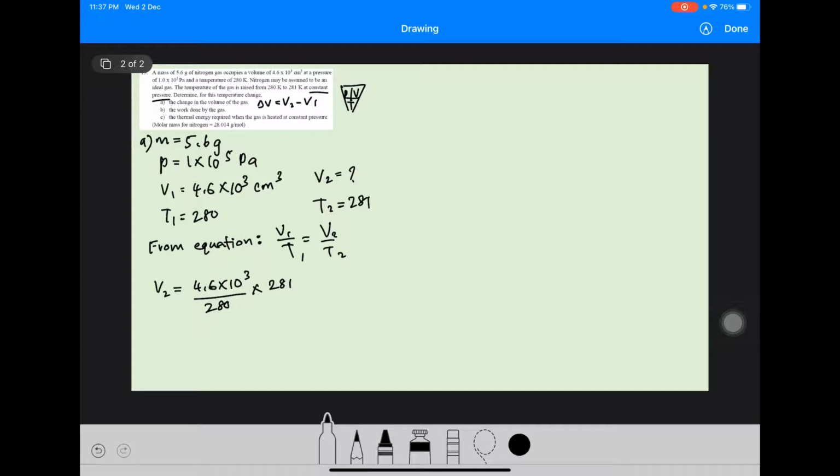You should get V2 equals 4616.43. Okay, make sure you use the same unit as your V1, which is in centimeter cube. Now your delta V becomes V2 minus V1, which is 4616.43 minus my V1 just now, 4.6 times 10 to the power of 3.